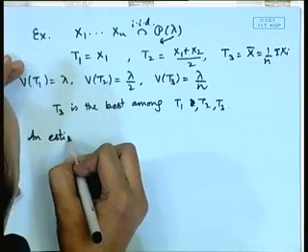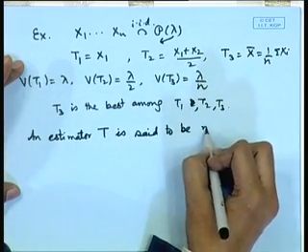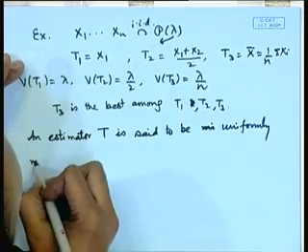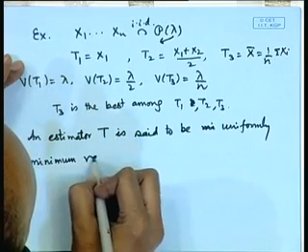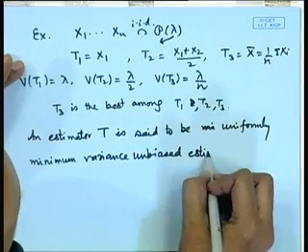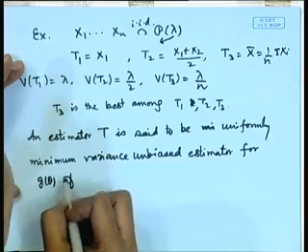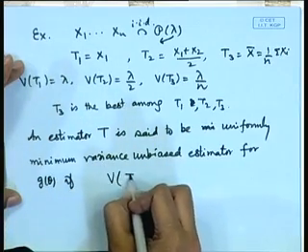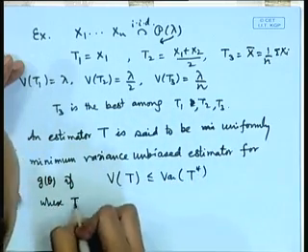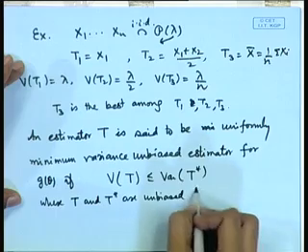So, an estimator T is said to be uniformly minimum variance unbiased estimator for g(theta) if the variance of T is less than or equal to the variance of, say, T star, where T and T star are unbiased for g(theta).